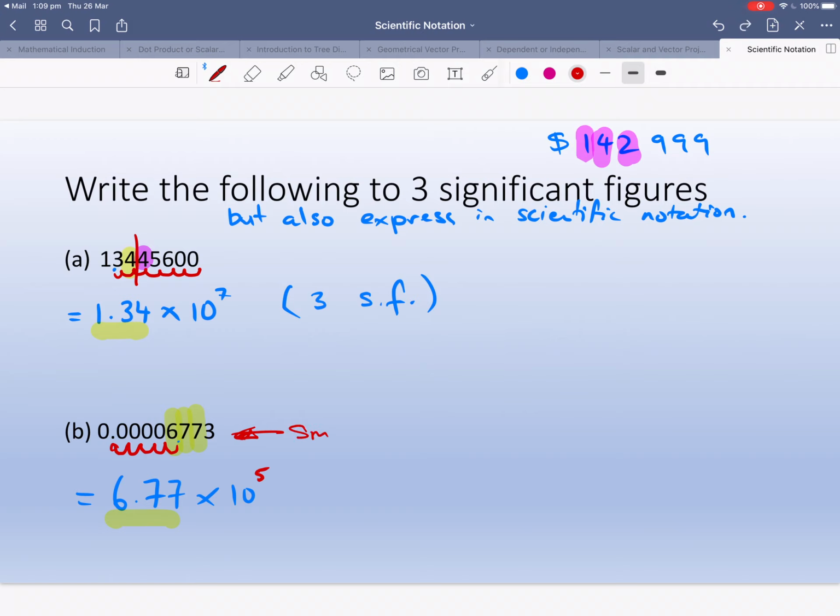This one is really, really large. The way we differentiate that in maths is that we put a minus in front of this one. Essentially that means it's a decimal, the negative part of it. When we do index laws, I can explain it a bit further. But essentially, if we want a really small number, we've got to put a negative there. So we still count, and then we move on.